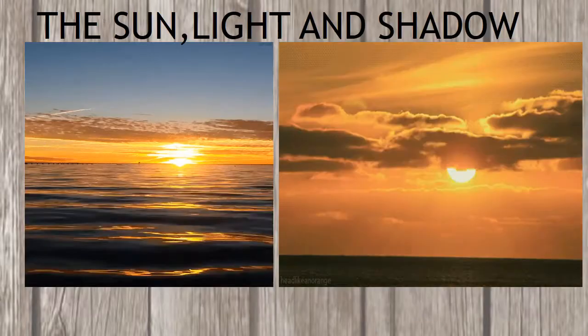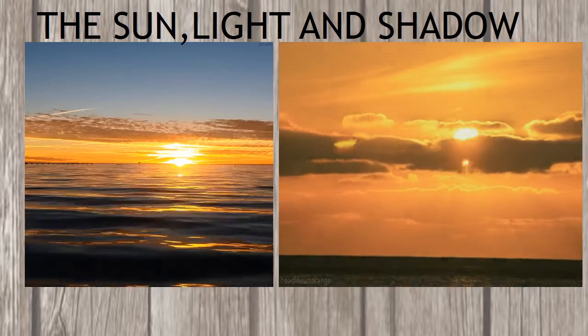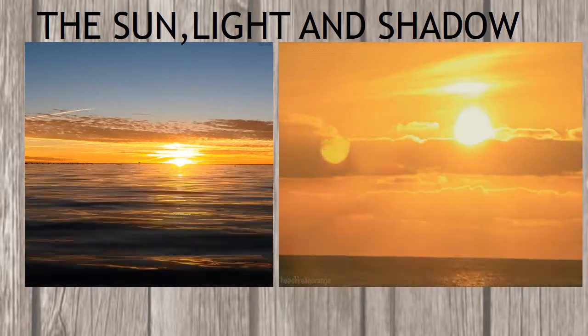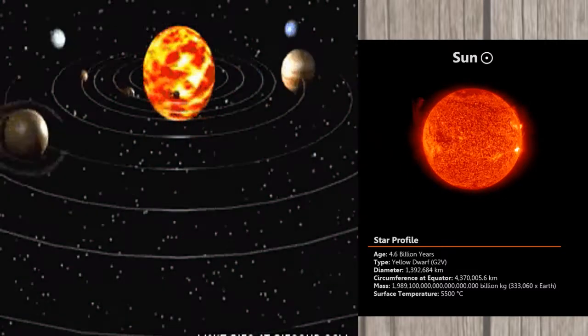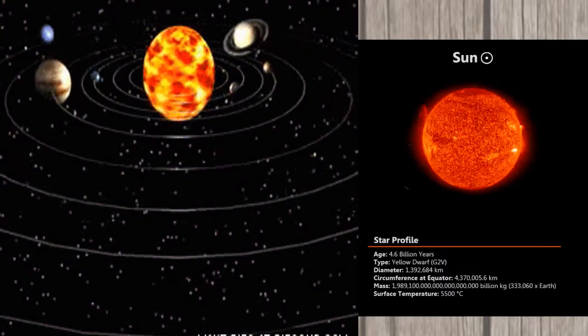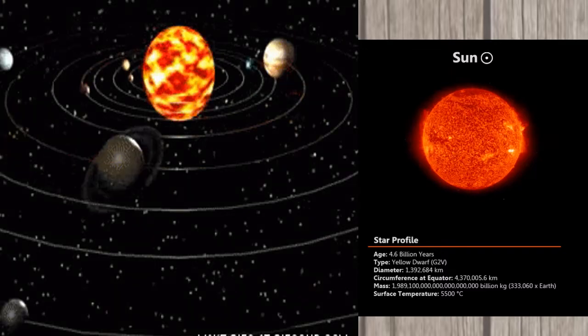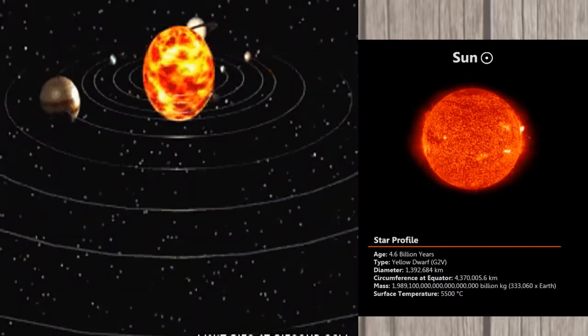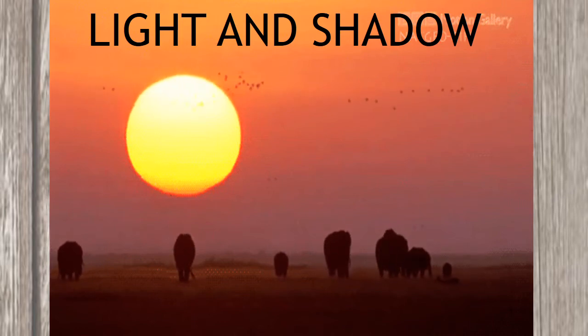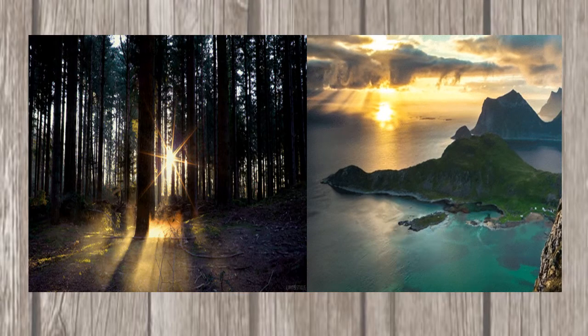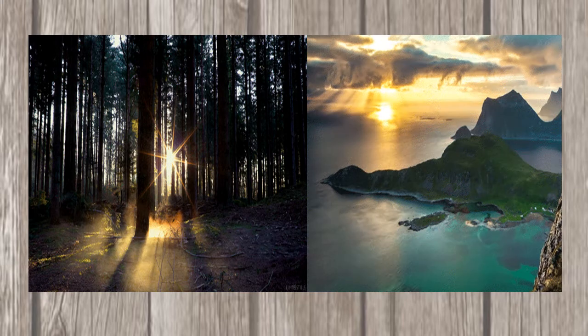Okay? Now, let's learn about the sun, light and shadow. The sun is a star found at the center of the solar system. It is a big ball of fire which gives us heat and light. Light and shadow. We need light to see things around us.